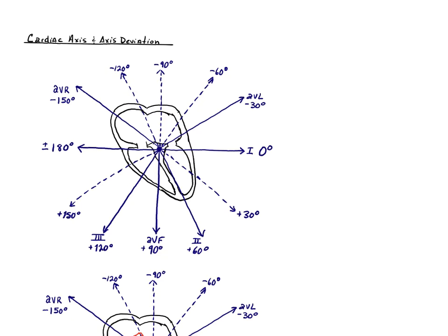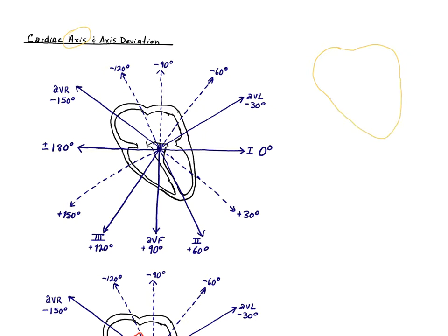So this is a concept known as axis. Think of the cardiac axis as the mean vector in which the electrical activity of the heart flows. If you imagine the heart, and I'll just draw a heart right here.